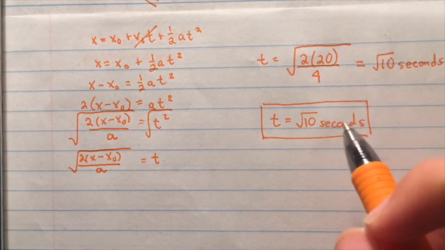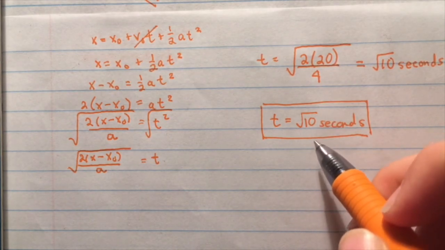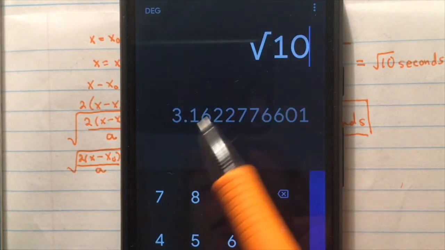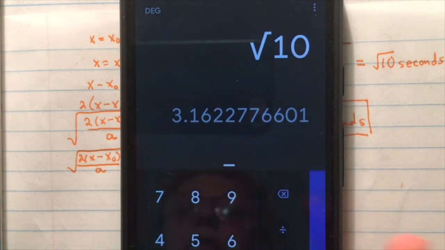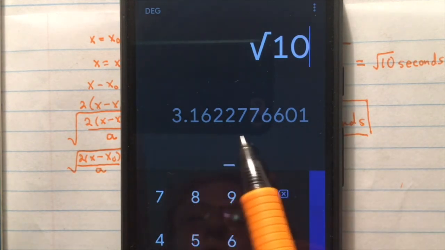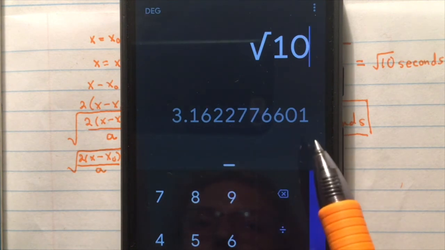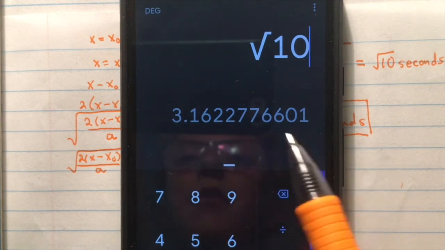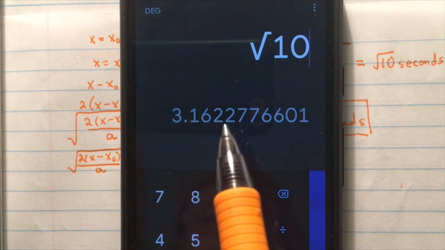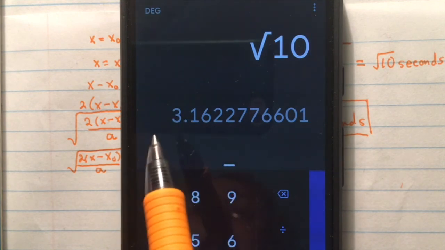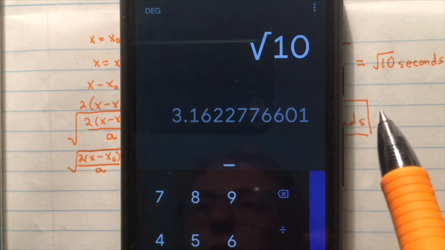Okay, if you do choose to plug this number into a calculator, root 10 comes out to 3.162277601, etc. If you write your answer like this, with all of these decimals, you are going to get it wrong. On the AP test, I think the maximum you can do is 3 decimals. You cannot plug in a long string of numbers.